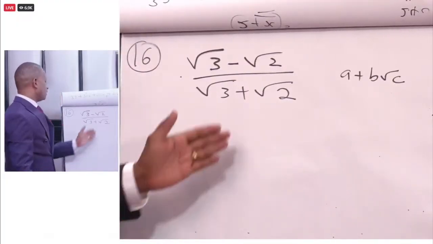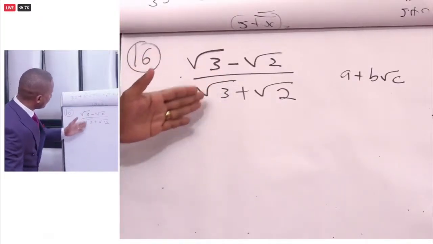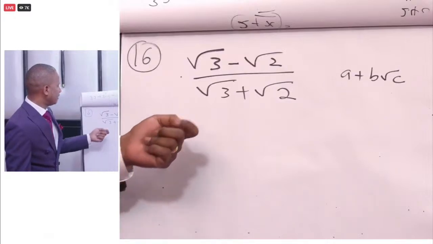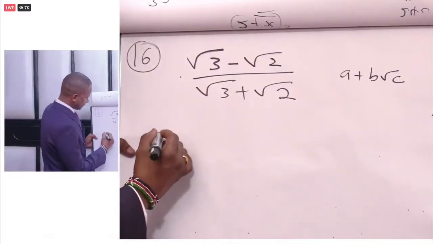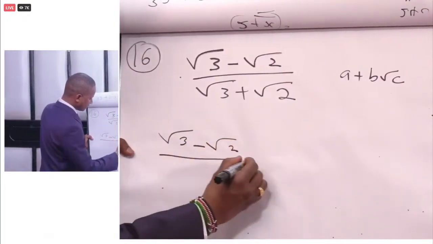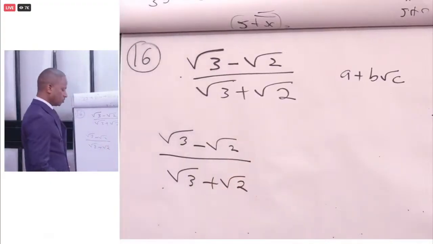Now, class, when you see this, this is surds. So when you are rationalizing, simplify by rationalizing the denominator. So when you have this, rewrite this, root 3 minus root 2 divided by root 3 plus root 2.